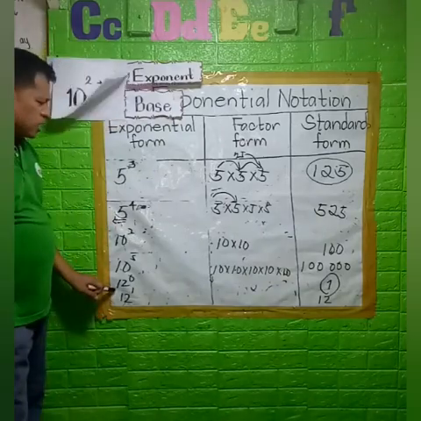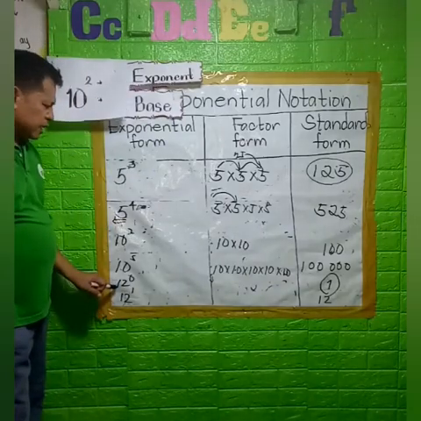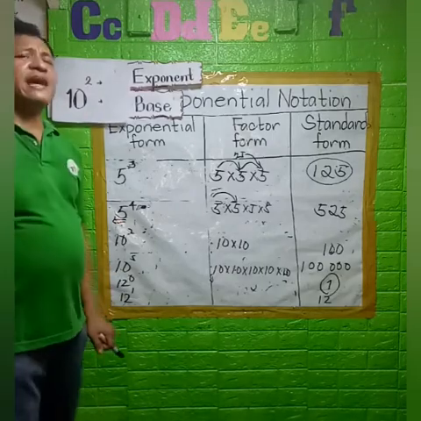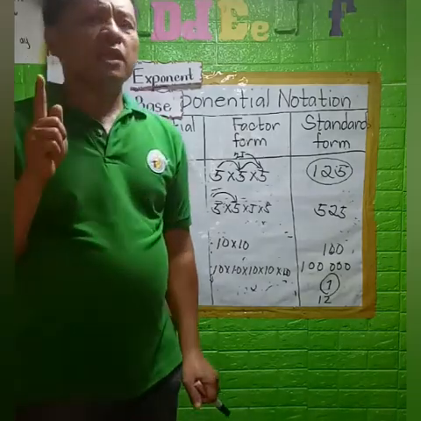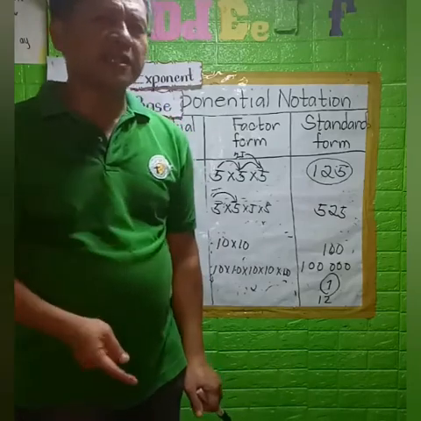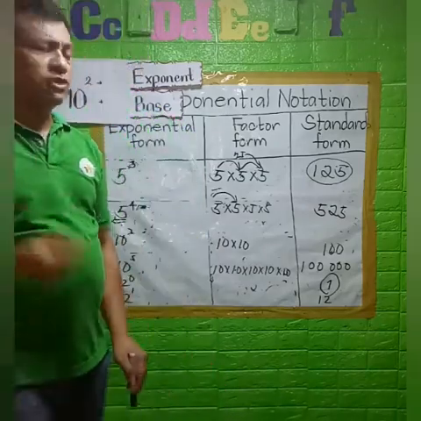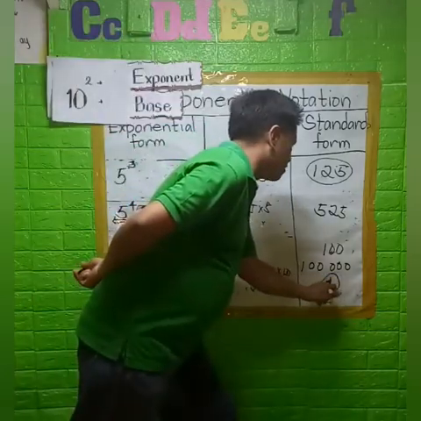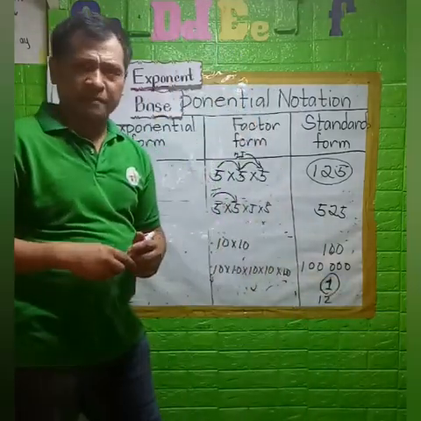Now, in the case of 12 to the power of 0, it is said that any number that we are going to use as our base, having the exponent of zero, the answer is always 1. The value of that number is always 1.